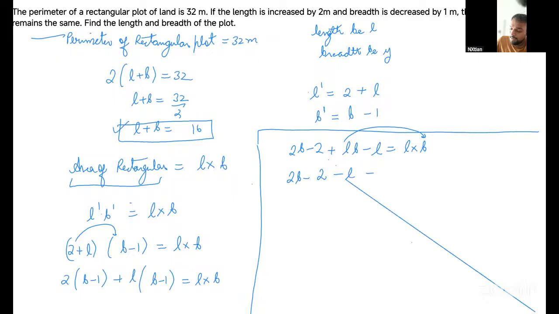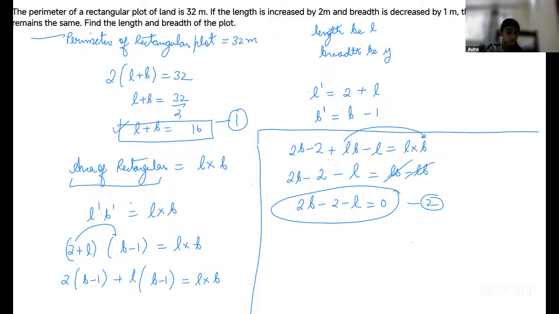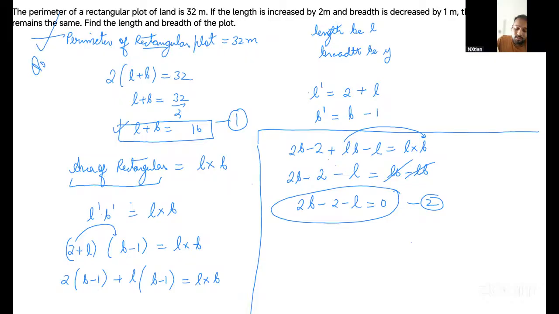So minus L is equal to LB minus LB. This and this will become 0. So the new equation I got is 2B minus 2 minus L is equal to 0. Now this is the second equation. This is the first equation. You have to substitute the value or you have to eliminate. You can do it by yourself. Did you understand? Yes. And for your kind information, this is a good question for today's test also.